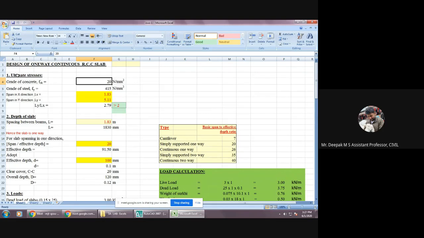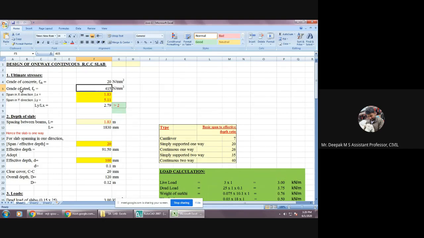First step, the ultimate stresses of concrete and steel are given. The characteristic strength of concrete is taken as 20 Newton per mm square, and the yield stress of steel is taken as 415 Newton per mm square.